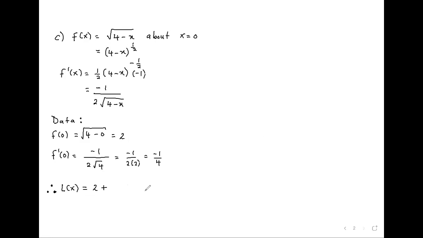So I have f prime of 0, -1 over 4, x minus 0, which is 2 minus x over 4.